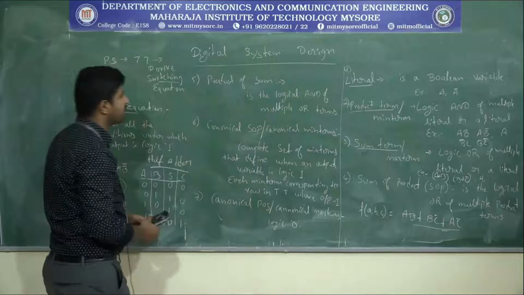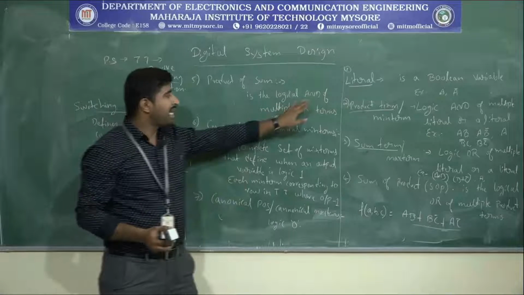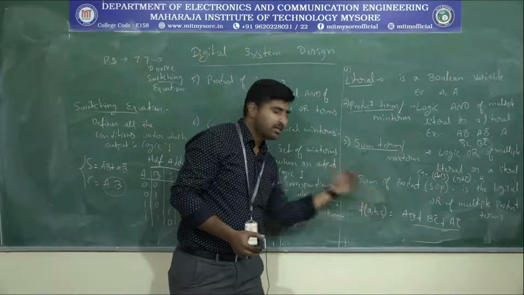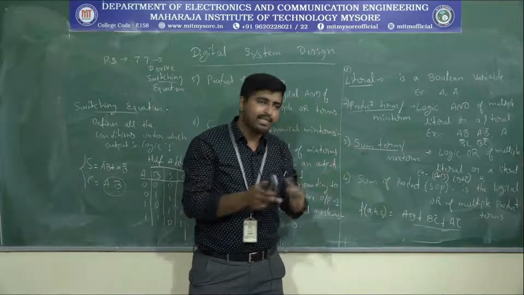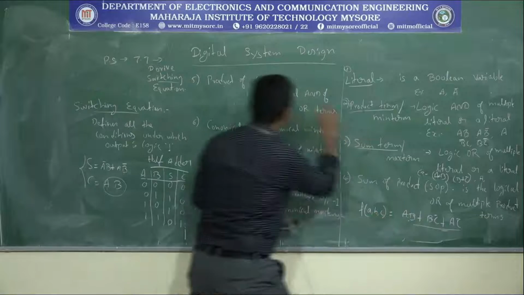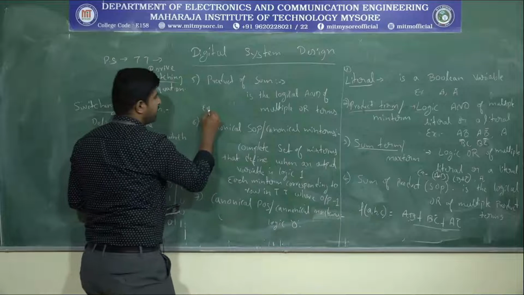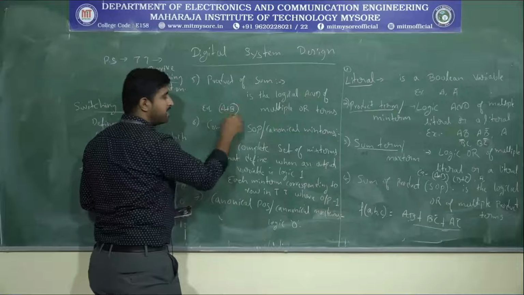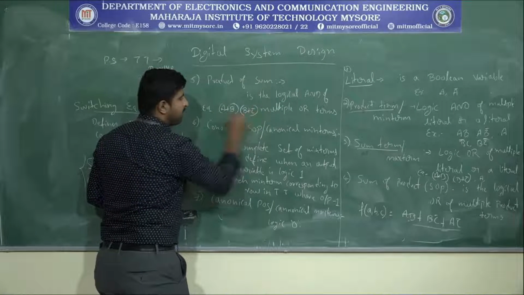The next terminology is the product of sum. What is the product of sum? It is the logical AND of multiple OR terms. It is the complement of the previous one: sum of product is the logical OR of multiple AND terms, whereas here it is the logical AND of multiple OR terms. For example, A plus B AND B plus C bar.